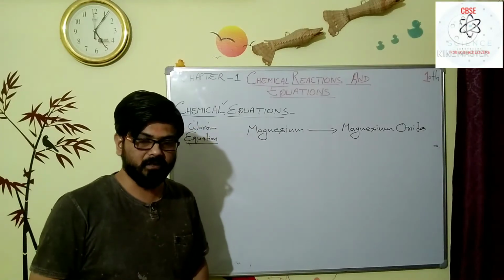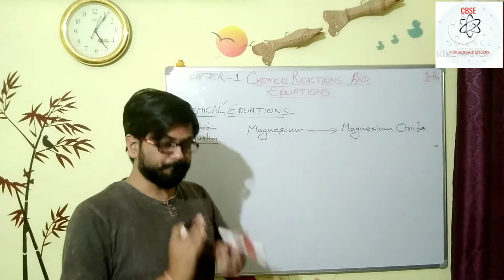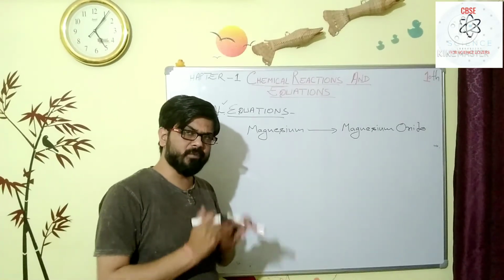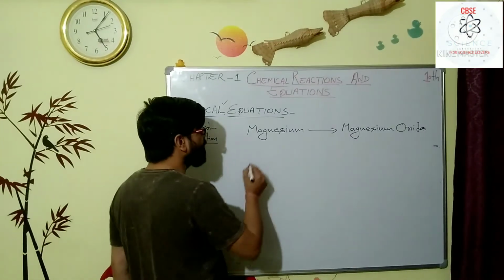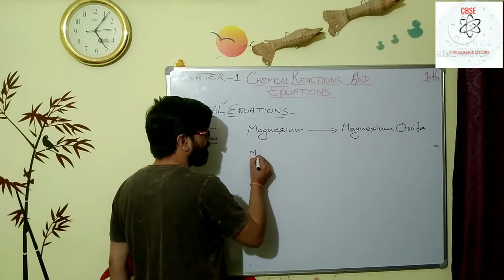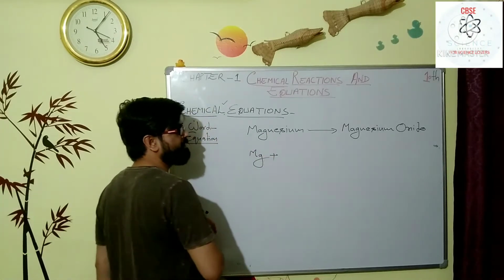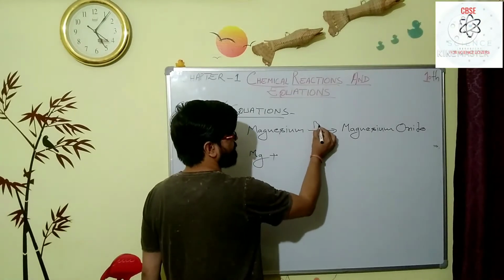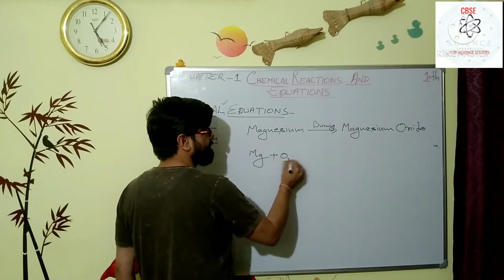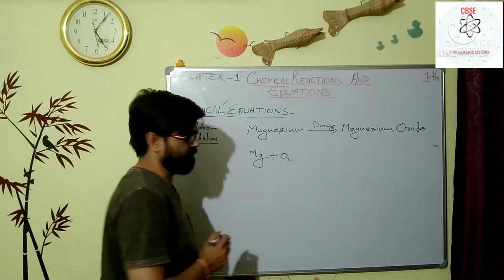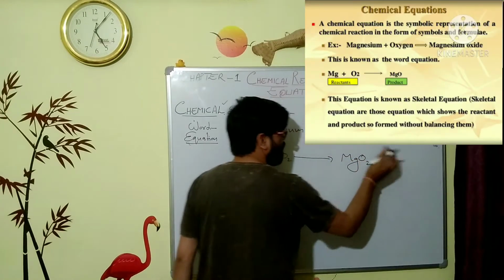Another effective method is to use the chemical symbols of the elements or compounds which are participating in a chemical change. For example, the symbol of magnesium is Mg, and burning, my dear student, if you are burning any substance, it means it is reacting with oxygen and forming magnesium oxide.